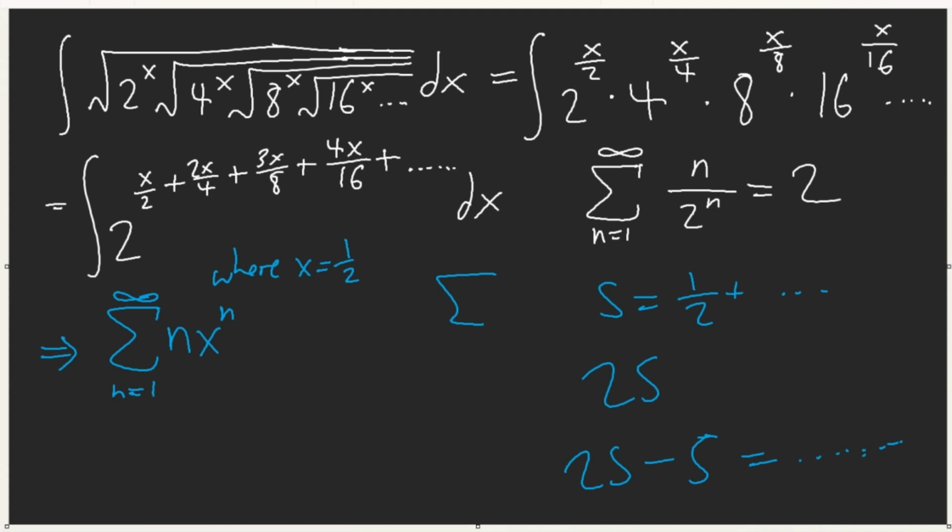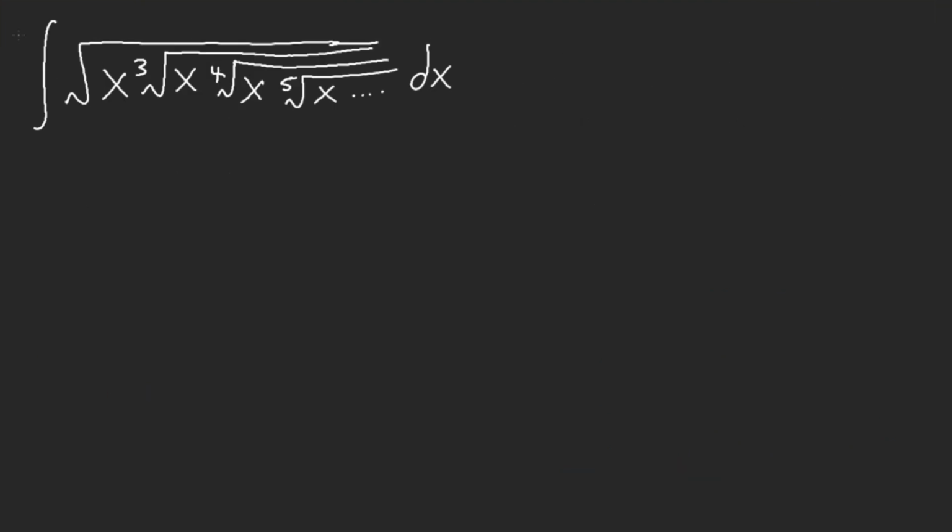Okay? Alright, so we have this infinite function here, where we have a square root, and then a cube root, and then a fourth root, and a fifth root, and it keeps on going forever. So, just like before, whenever we deal with something like this, try to deconstruct this infinite function. So let's rewrite this as a square root.